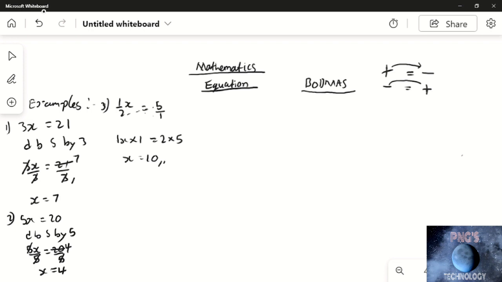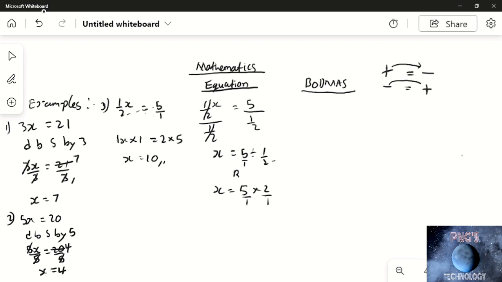Or let's see another method. If we say 1 over 2 x equals 5, divide both sides by half. So half cancels half. We now have x equals 5 divided by half. So reciprocating, remember this is over 1, so we reciprocate to now become x equals 5 times 2 over 1, right?